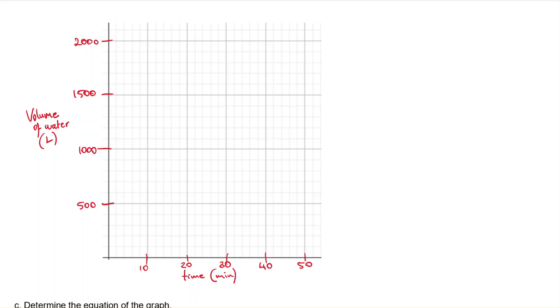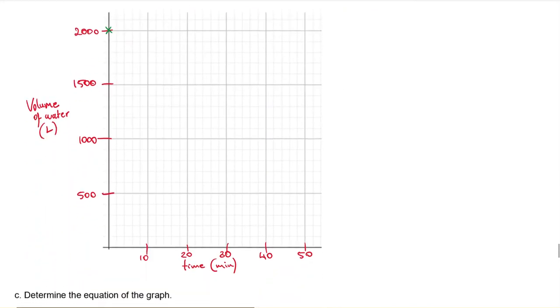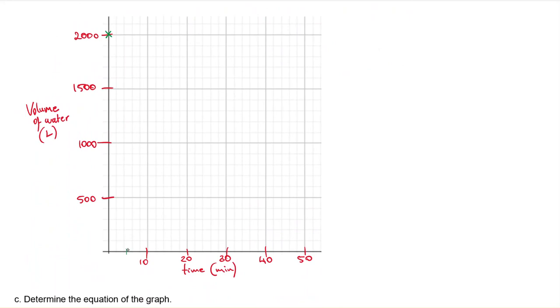At 0 it's 2000. It's going up in 5s, so 5 is kind of the center there. At 5 it is at 1800. At 10 it's 1600. At 15 it's 1400.